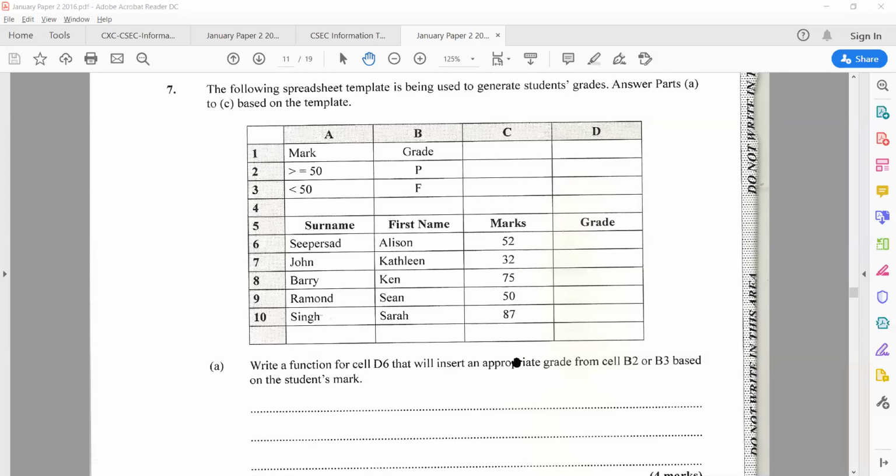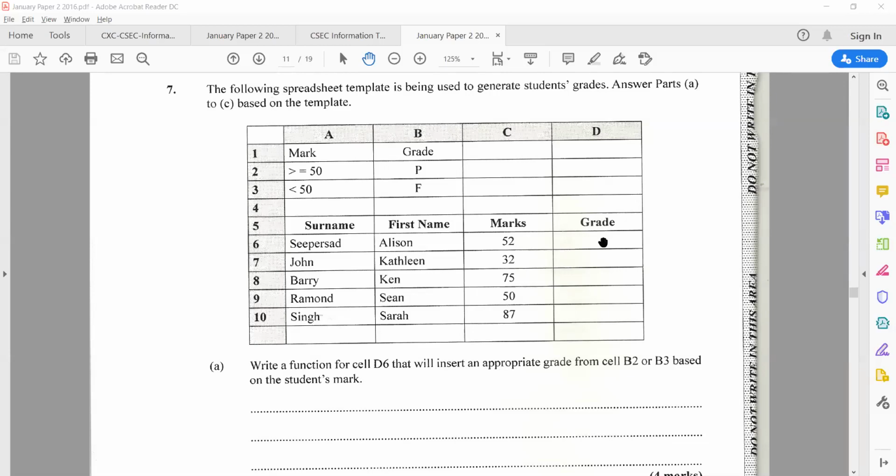So for this question, does anybody know the answer? We went through this in one of the classes previously. For this question, we're going to be using a condition in Excel, right? So you're going to write this in cell D6.